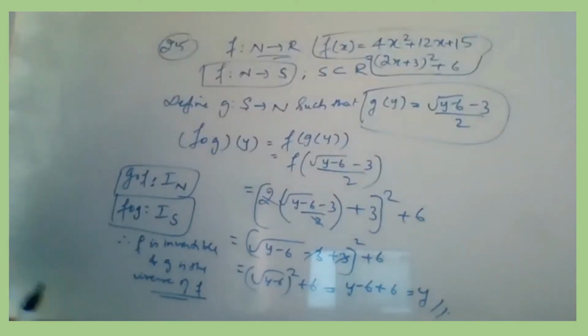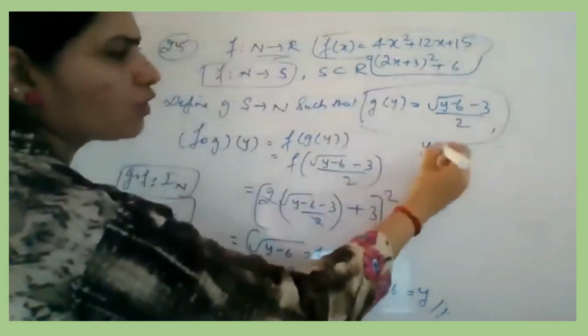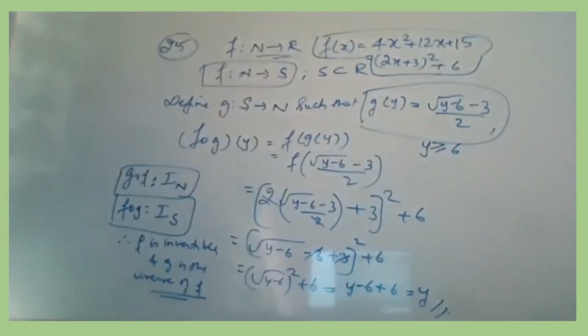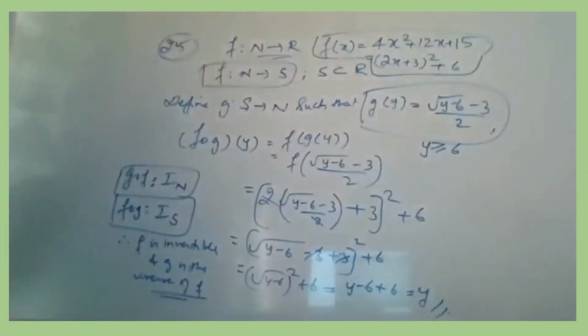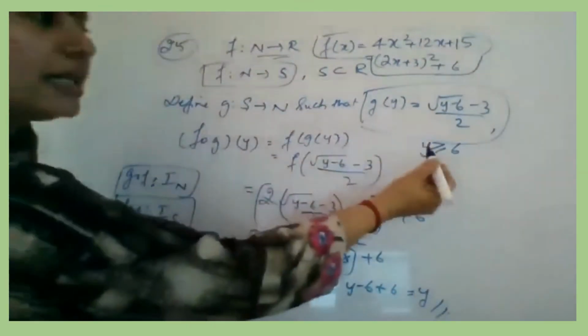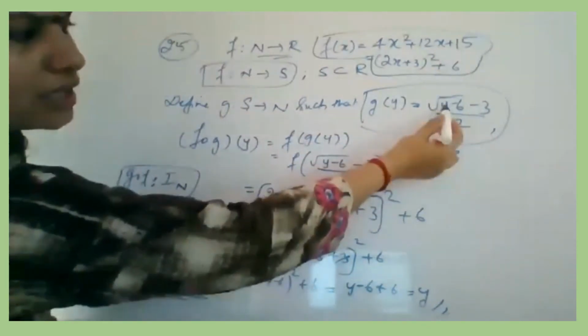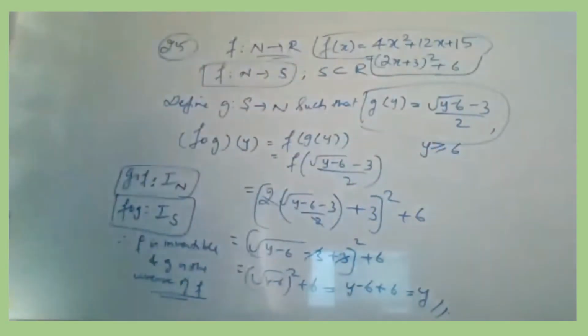Okay, this is clear. Here they are saying one condition is also involved, that is y greater than or equal to 6. Why is it there, can you tell? When you are defining g of y, they apply y greater than or equal to 6. Actually I didn't discuss that, because if this doesn't hold, then this won't be valid. Why? When y is 6, you get 6 minus 6, which is 0, so that is applicable.